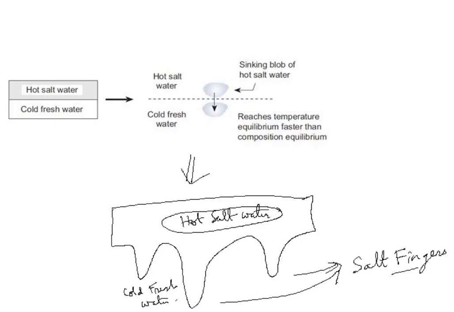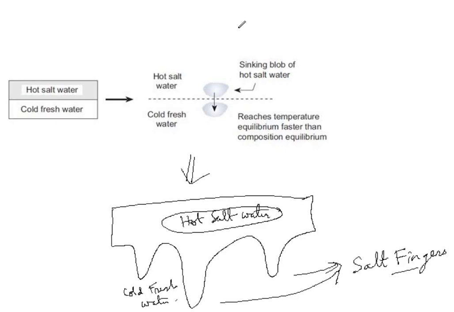Now this salt finger instability is basically an example of a class of instabilities known as double diffusive instabilities, and they can occur when two diffusing substances, here hot salt water and cold fresh water, are taken.